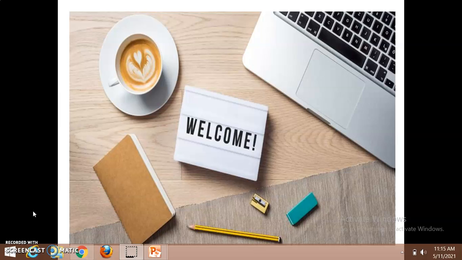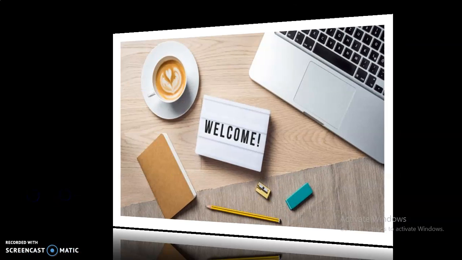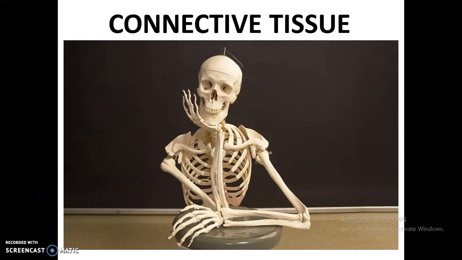Now, we will understand what is a connective tissue. Connective tissues are the linking, supporting tissues of the body. They are most abundant and widely distributed in the body of complex organisms.